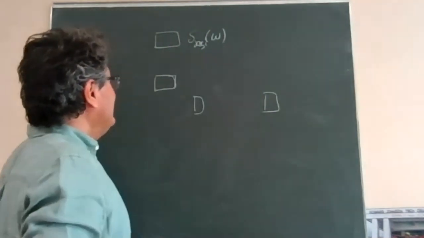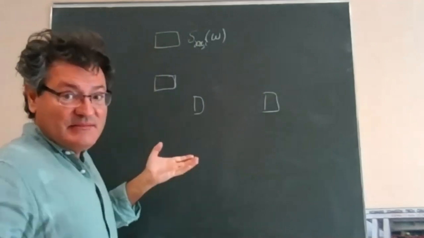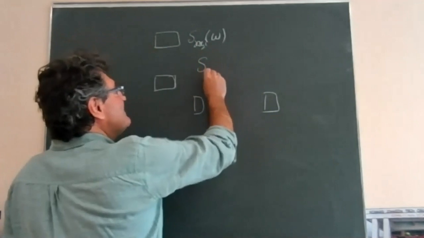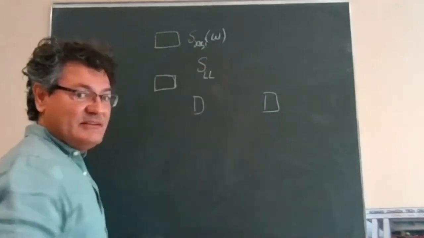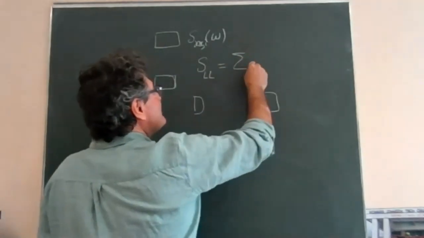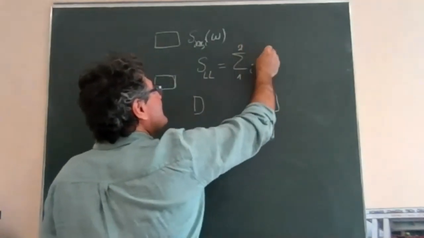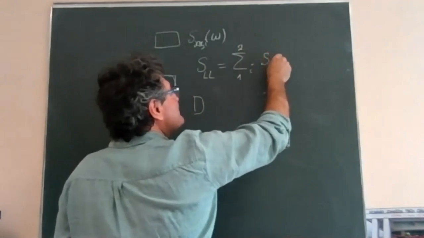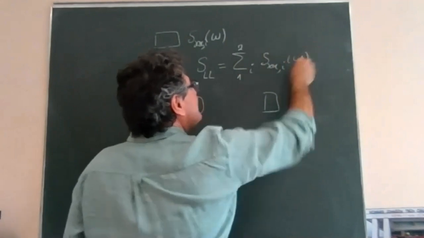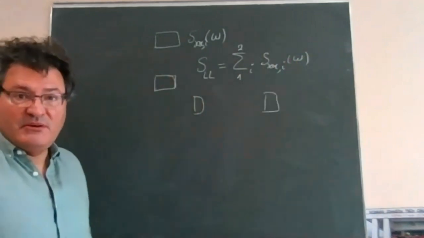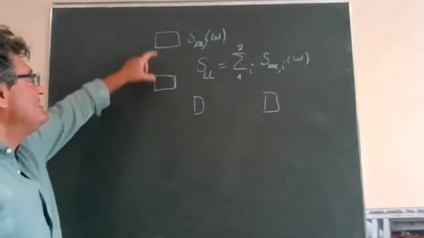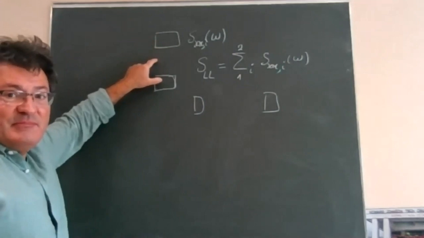For each cavity, the noise on the length of the cavity will be the sum from i=1 to 2 of the displacement noise in each mirror. This is the noise associated to this cavity.